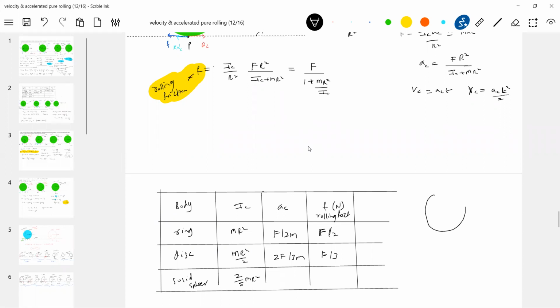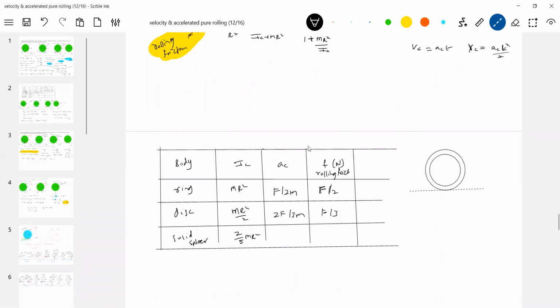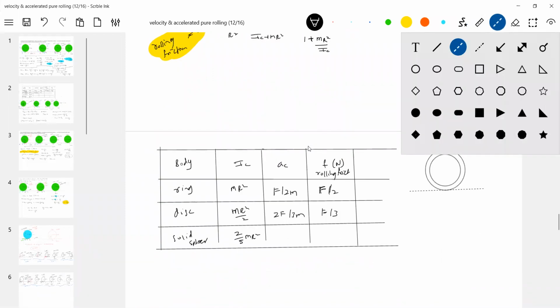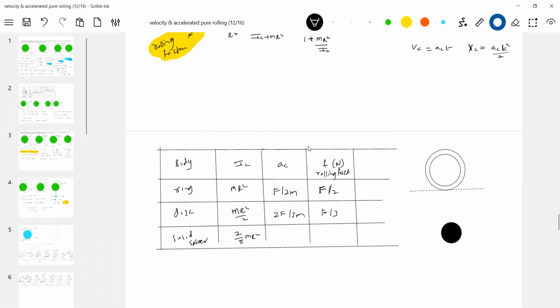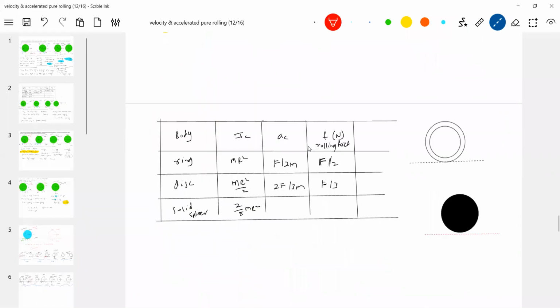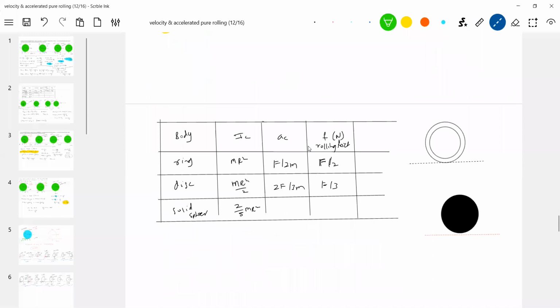I think you're still not understanding. This is a ring. Next, what we have? A disk. Next, what we have is a solid sphere.